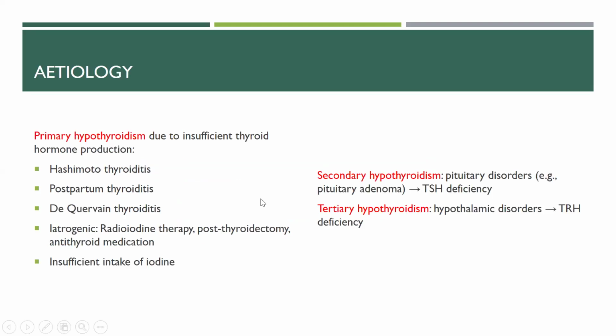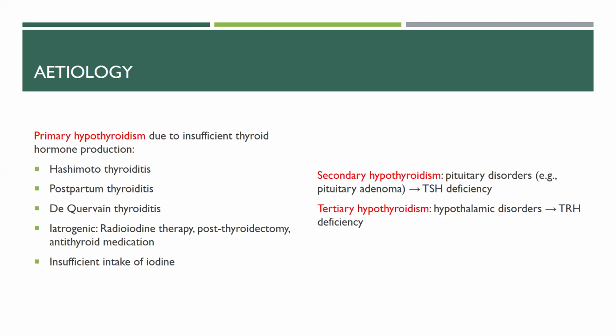Okay, so let's go to the etiology. Why is it called primary, secondary, or tertiary? Primary just means that it affects that particular organ, which is the thyroid.